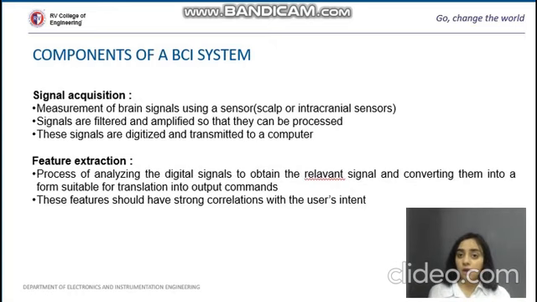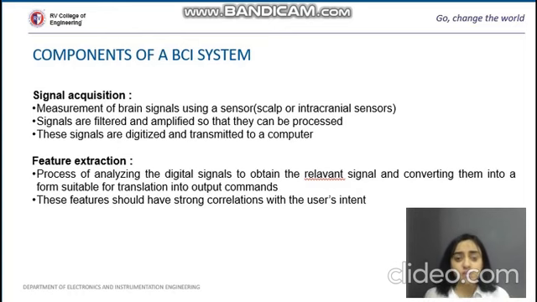Signal acquisition, as the name suggests, involves the measurement of the brain signals using a sensor, and it can be a sensor placed on the scalp or intracranial sensors, as we just discussed. These signals are later filtered and amplified so that they can be processed and converted into a digital signal so that it can be fed into a computer.